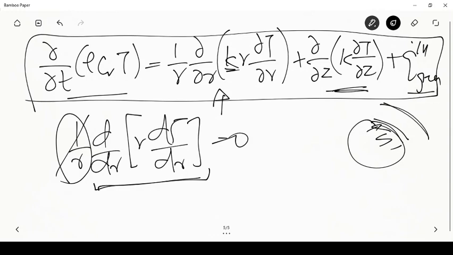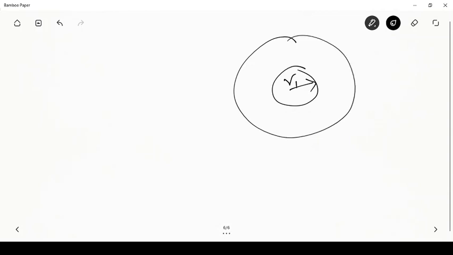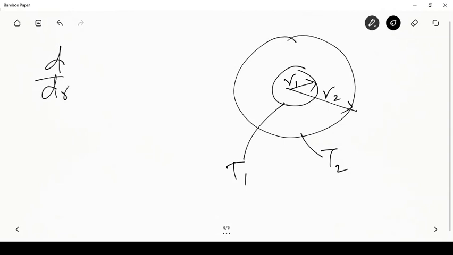So let's start solving that now. For a cylindrical shell of radius r1 and radius r2, let's say the temperature on this surface is T1 and on this surface is T2, which are the two boundary conditions, and your equation is d by dr of r dt by dr equal to 0.